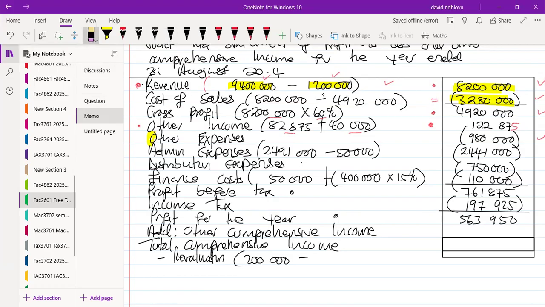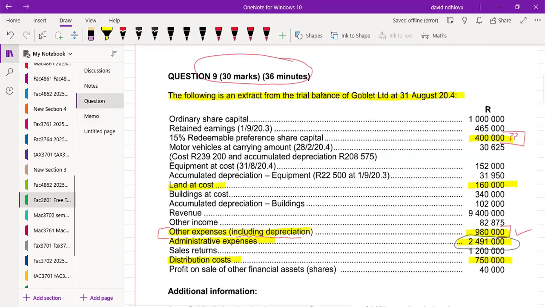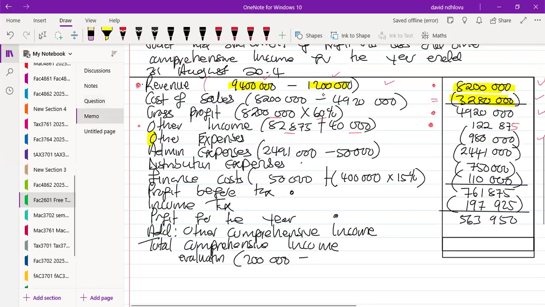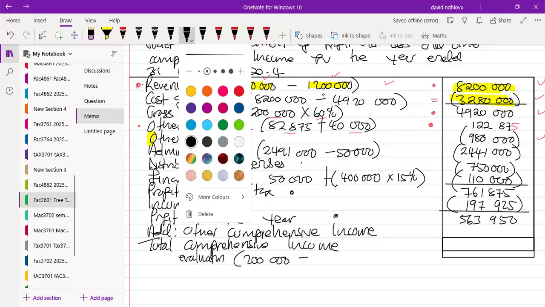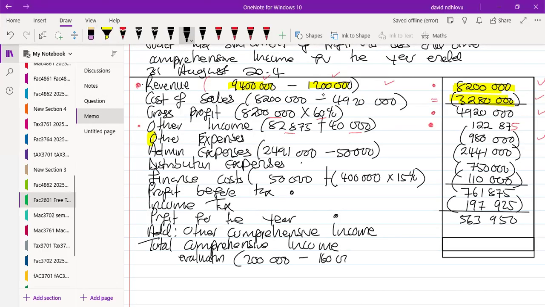Let me just remove that. I've already done my structure. It's fine. Let's just show it like that. So we have 160 there. So we say 160,000, which is going to give us 40,000.